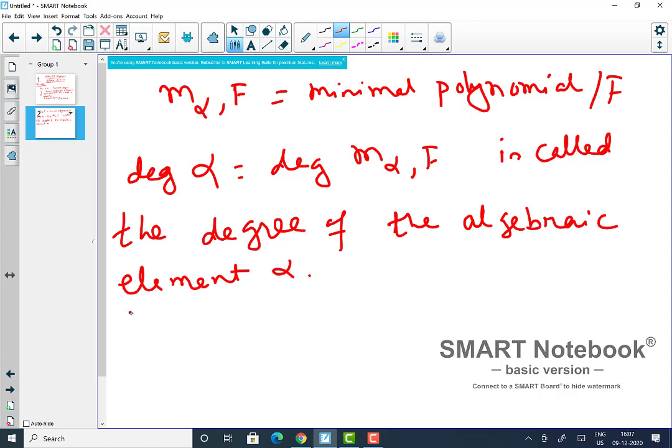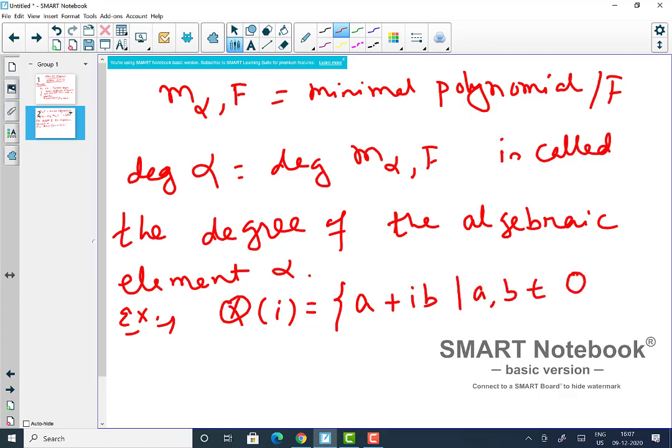For example, you choose say Q(i), the elements of the form a plus ib, where a, b are rational numbers.